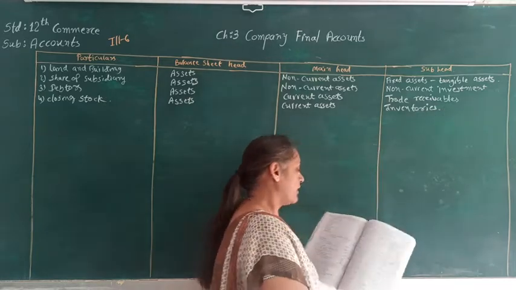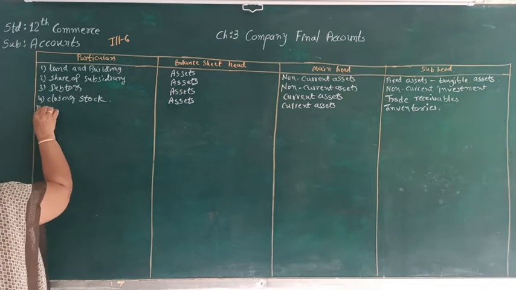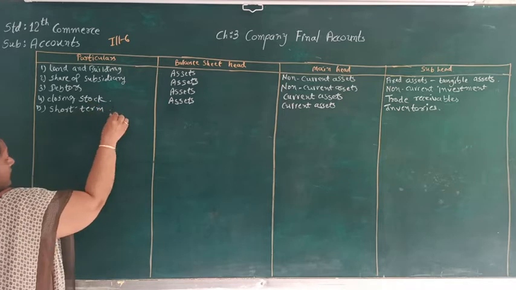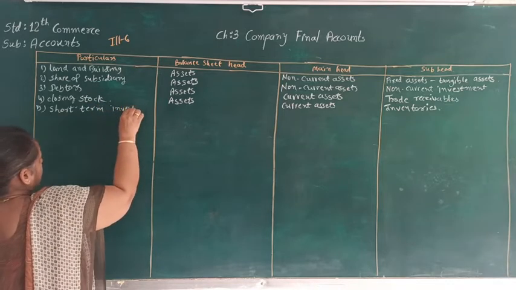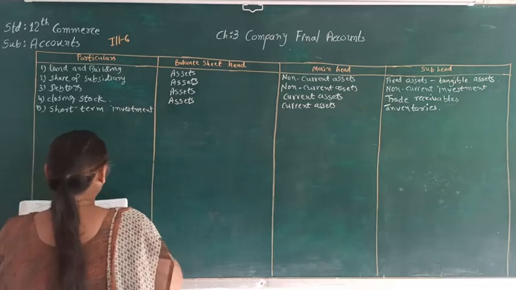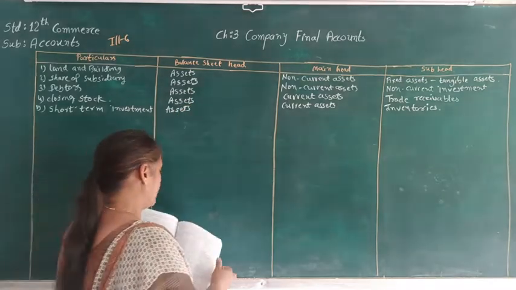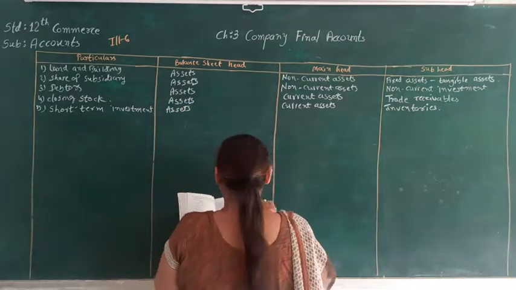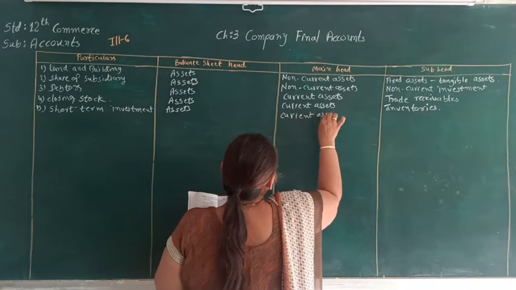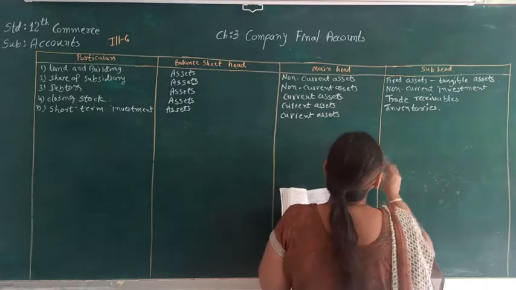Now let's see, the fifth one is short-term investment. So short-term investment is under the current asset. In the asset, it is the current asset. And under the current asset, it will be shown as a current investment.